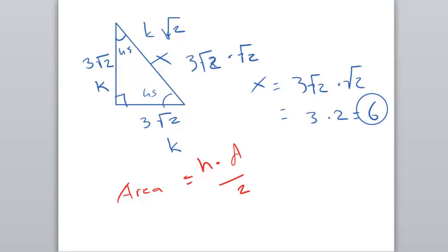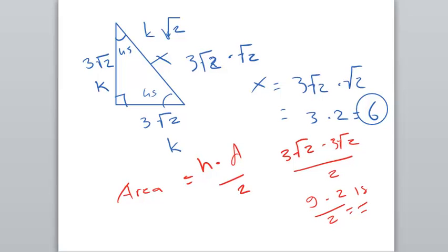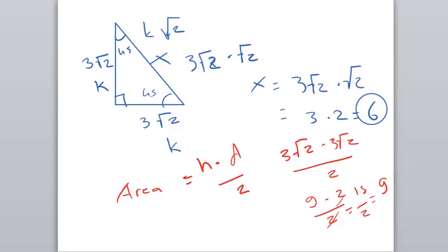For this one, the height is 3 root 2 times the base, which is another 3 root 2, divided by 2, which would be equal to 9 times root 2 times root 2 over 2, which will be equal to 18 over 2, which will be equal to 9. We could have just cut it from here. It is equal to 9.